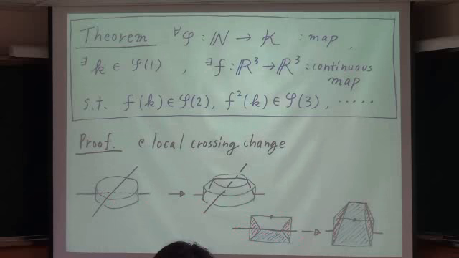So this is a cross section of this three space, and this dot means this arc.